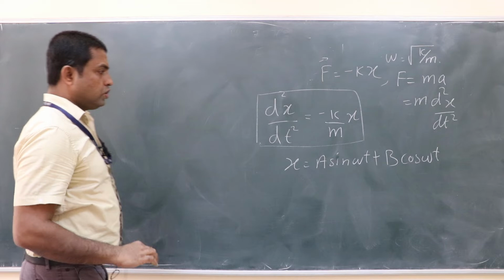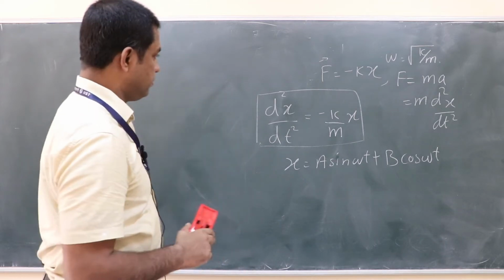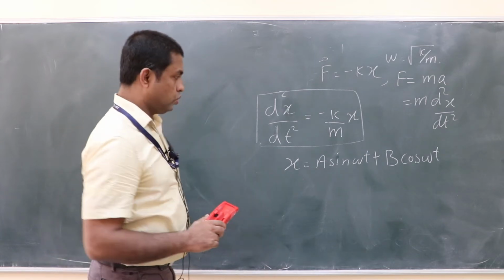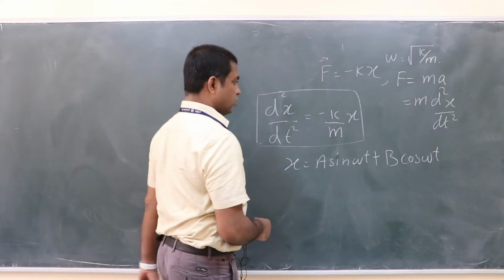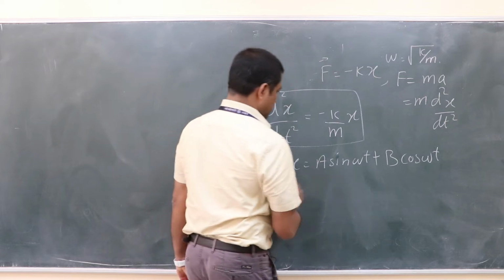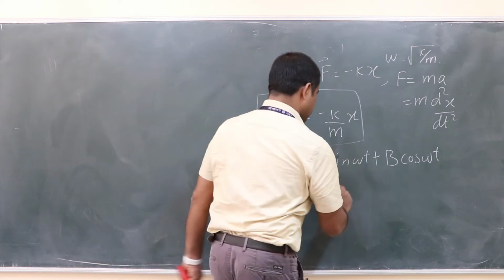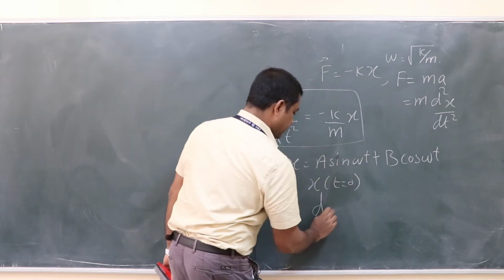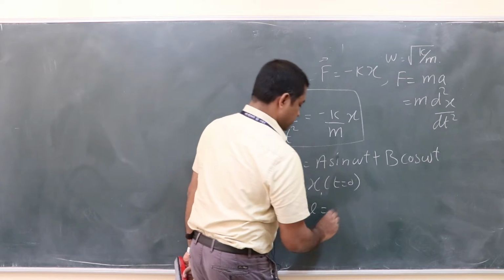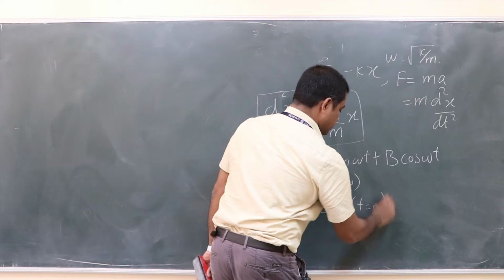Okay, so to solve this equation, how many initial conditions are required? Two initial conditions. What are those two? The initial position, x at time 0, and x dot, or dx by dt, which you call the velocity, at time t equal to 0.